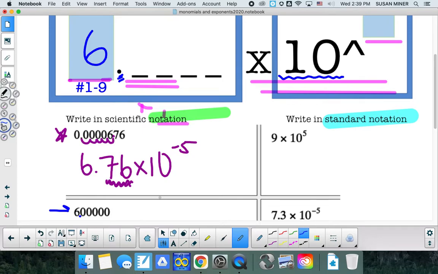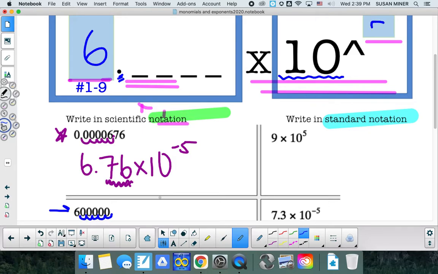And so I just want to think about how many decimal places I am moving the decimal. Well, on a really big number, the decimal place starts at the back and then it moves up. So I'm moving up 1, 2, 3, 4, 5 decimal places.